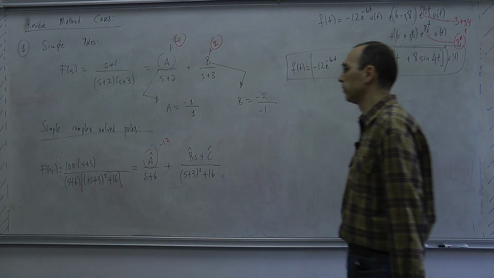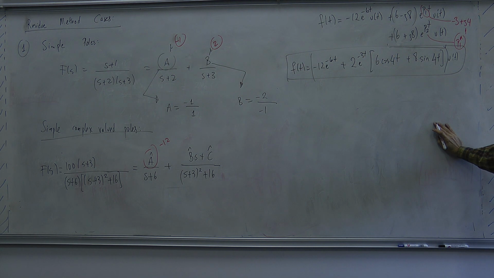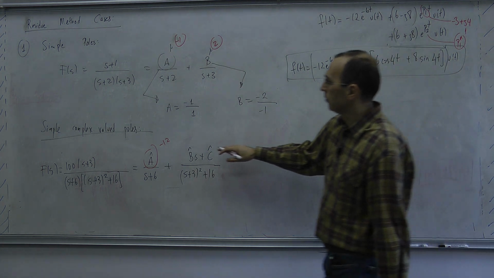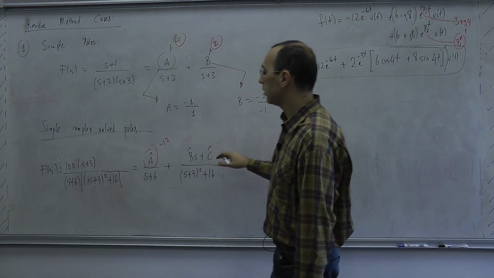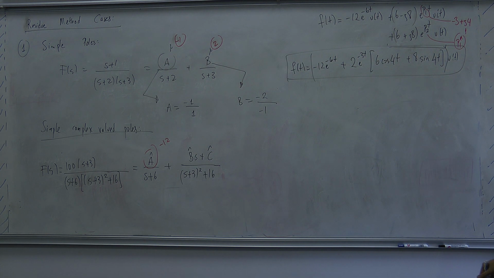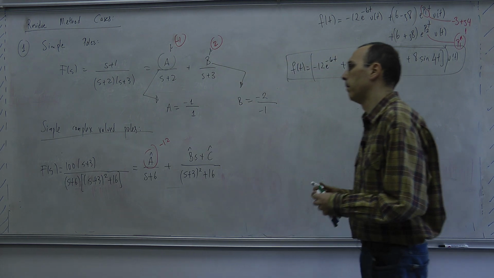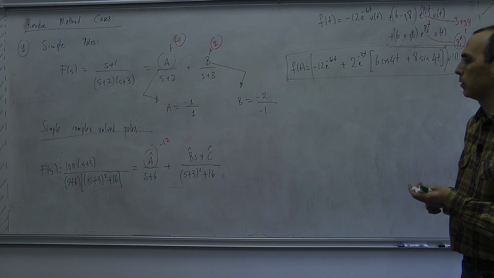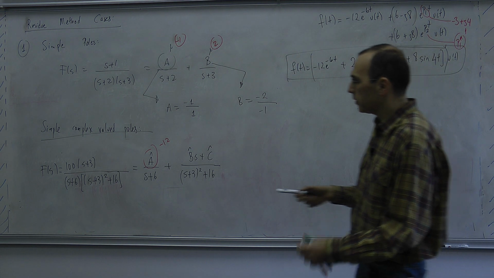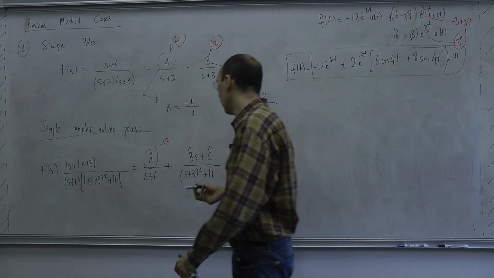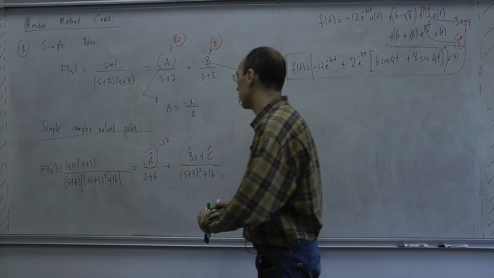Minus 12. So previously we were using the residue method to calculate the coefficient of the other poles. They're again distinct poles, but complex valued. Now, how can I find b hat and c hat, you know, from here? Well, the observation is this. If you have such a simple case, why not this time equate the denominators this time?